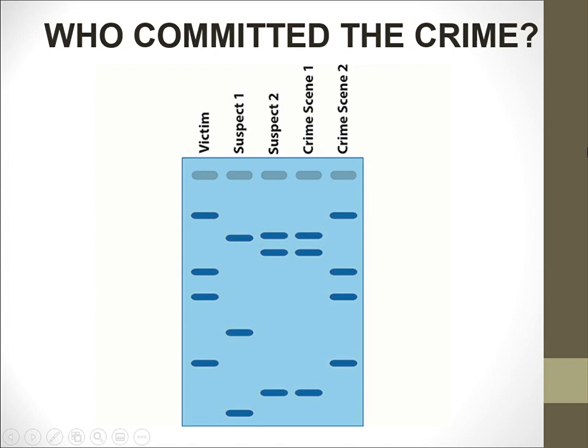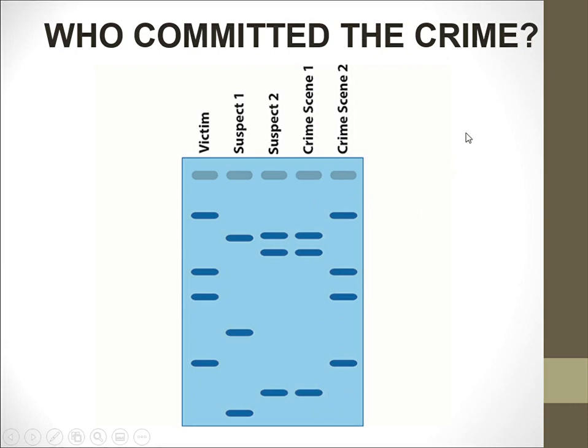Now, in this type of question, you are wanting a 100% match of the suspect to the unknown. Every single band on a suspect must match with every single band of an unknown sample.